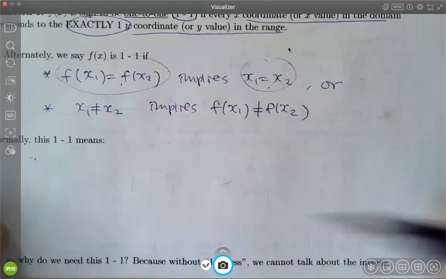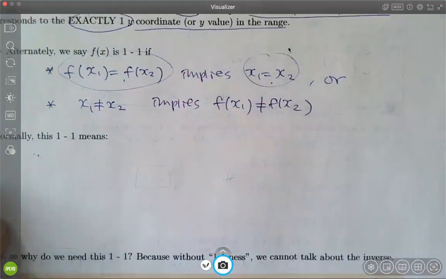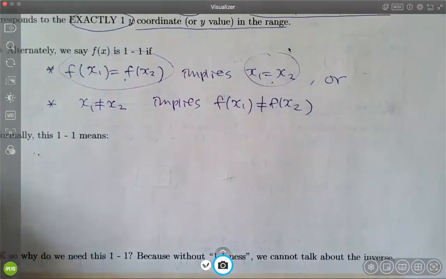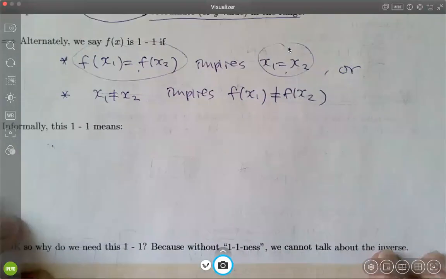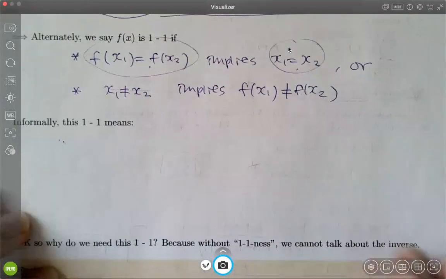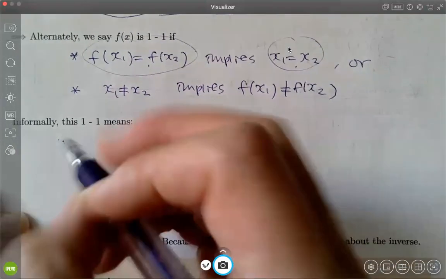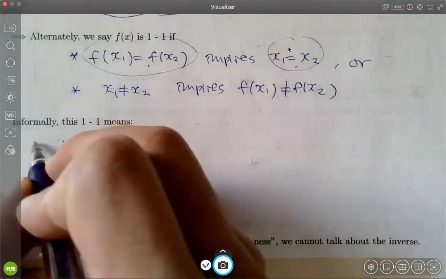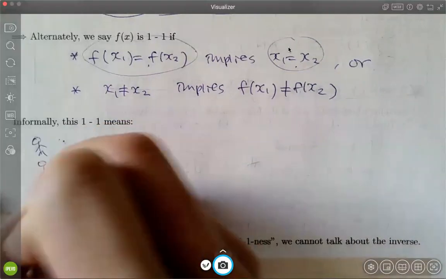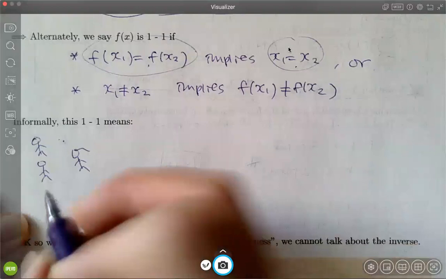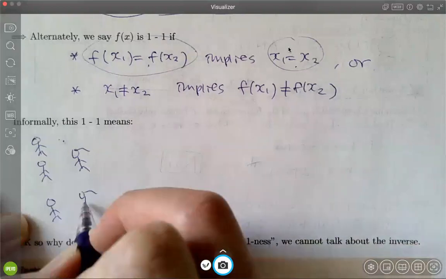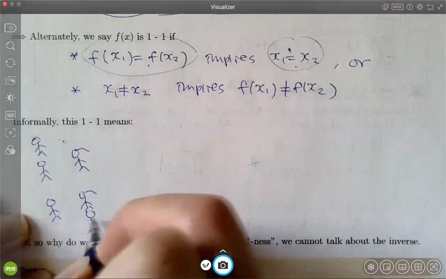Now that is kind of the official definition of the one-to-one, but informally, this one-to-one-ness means, so remember, I think at some point I had this picture. Something like this.